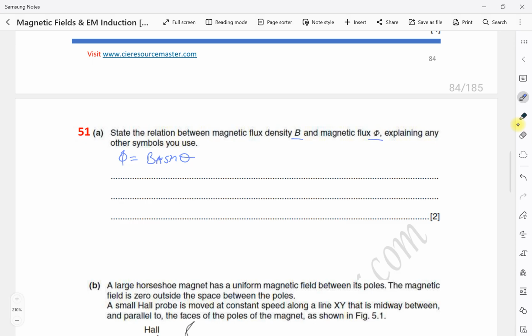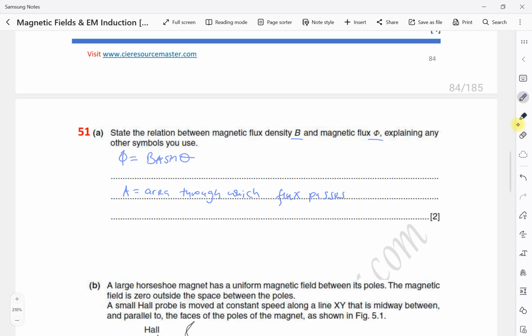So A should be equal to the area normal. A equals the area through which the flux passes. Because I used the sine theta, I would say A is the area through which the magnetic field lines pass.